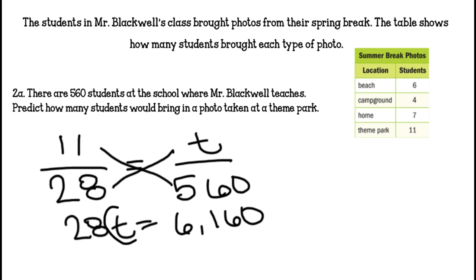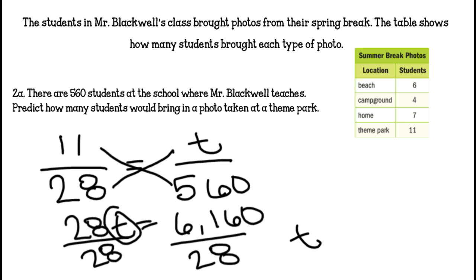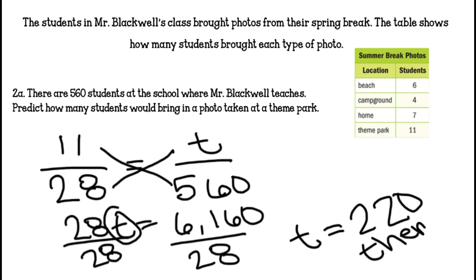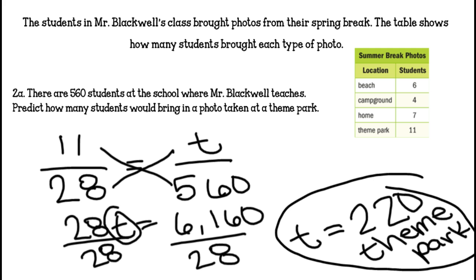And then to get T by itself, I divide by 28. And T equals 220 theme park pictures. And I circle it, and that's my answer.